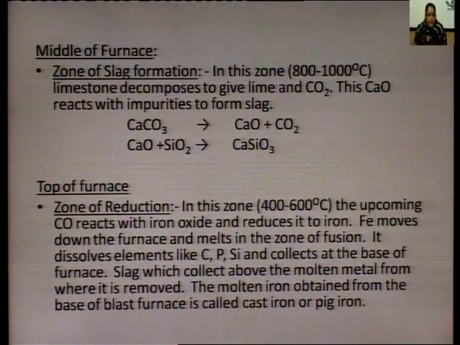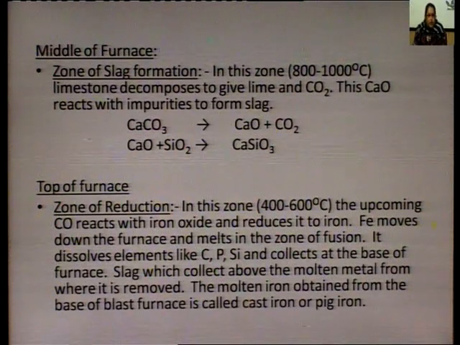As the slag is lighter in nature, it will come in the upper layer, and the metal, being heavier in nature, will come in the lower layer. So, the slag will collect in the upper layer, and there is a side hole present in the blast furnace; you can open that hole, easily remove the slag and throw it away.